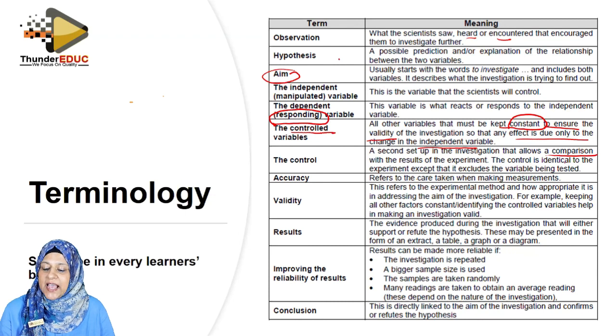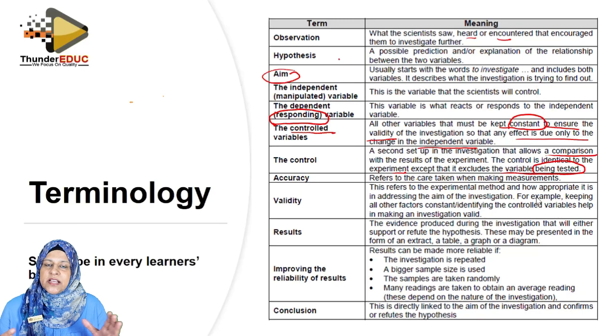The control is identical to the experiment, except that the factor that you are testing is removed from the control. So in other words, the control is identical to the experiment, except that it excludes the variable that is being tested.